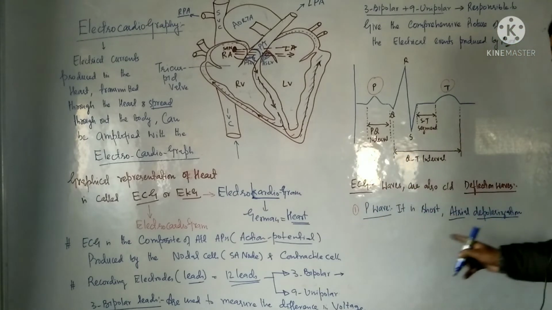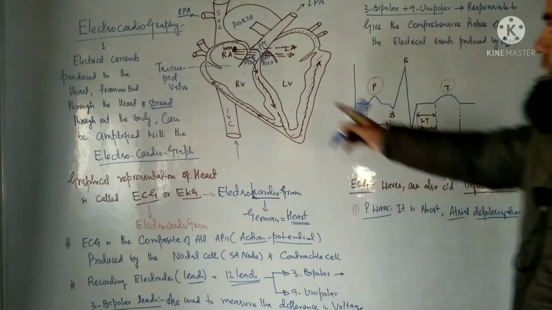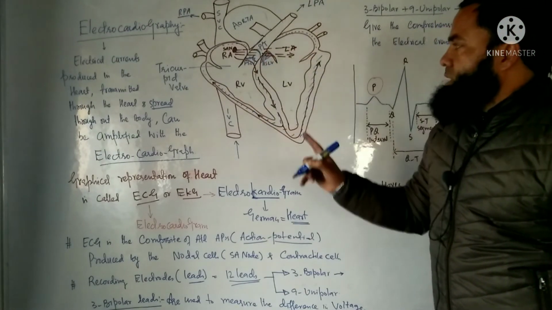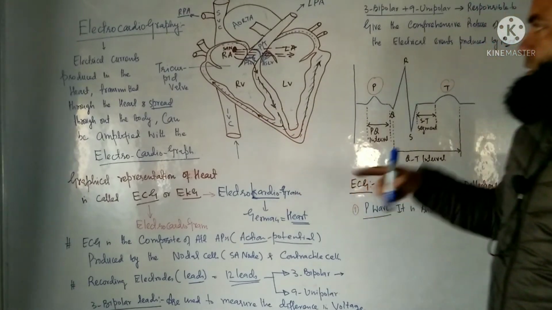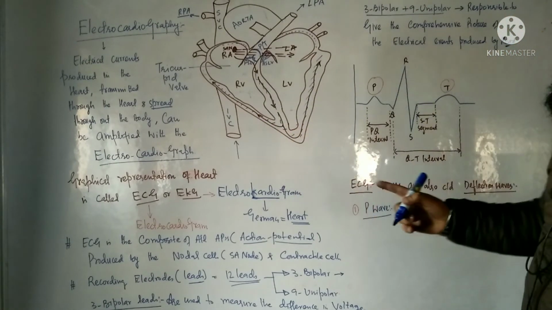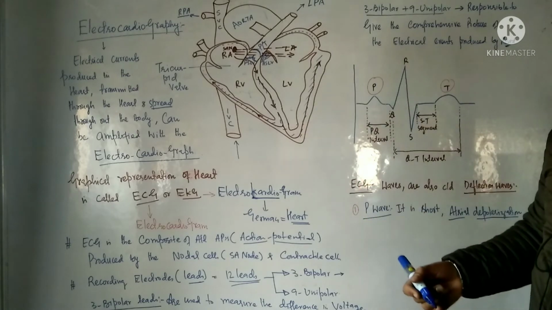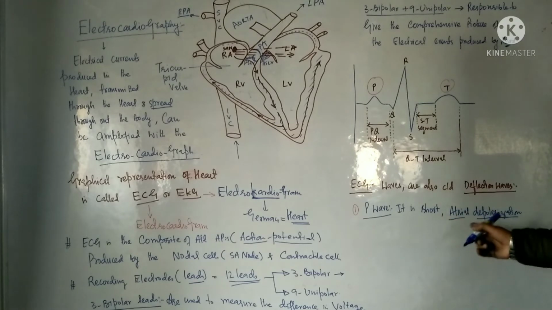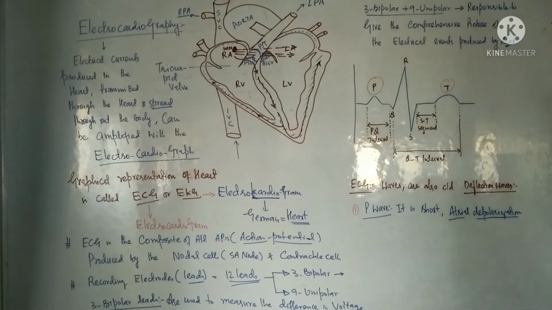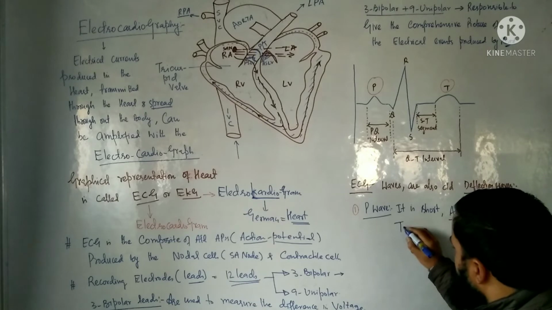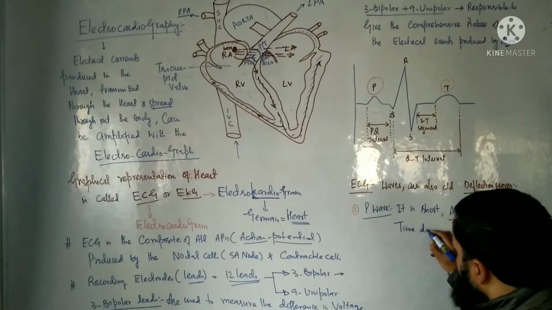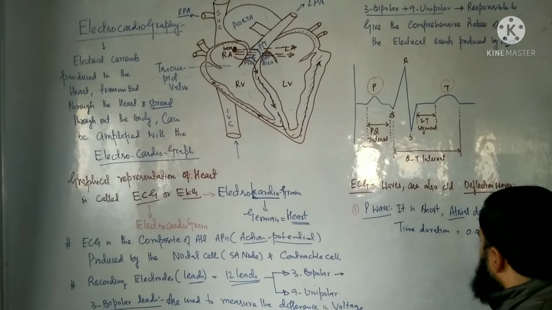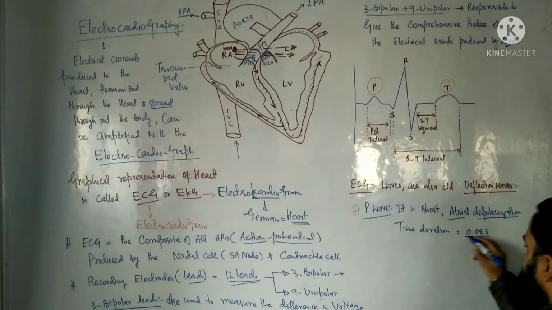Atrial depolarization means the action potential produced from the right atrium. It spreads toward the left atrium and then toward the septum of the right and left ventricle. Then it spreads to all parts of the heart. It is short, and its time duration is 0.08 seconds. Remember this point.